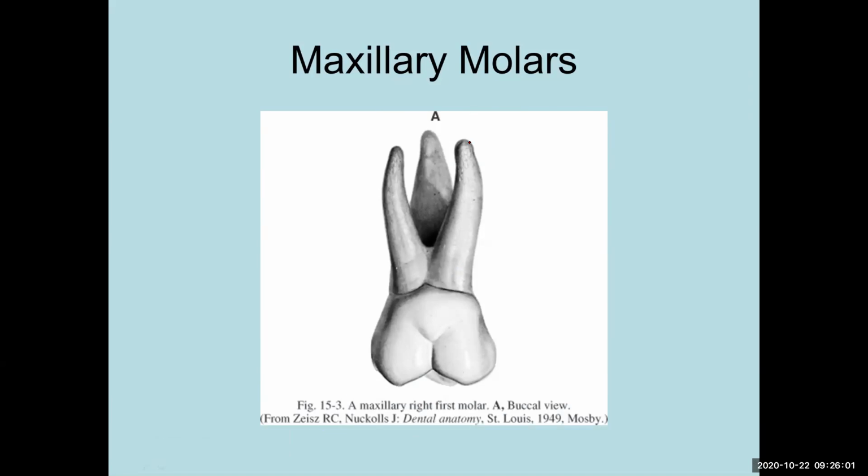The mesial root is generally longer and larger. The mesial cusp is generally larger than the distal cusp. So I would say this is the mesial buccal. Okay, so these are things that you already know because of the beginning of the book.